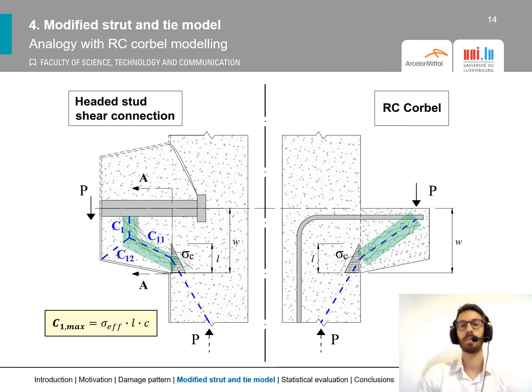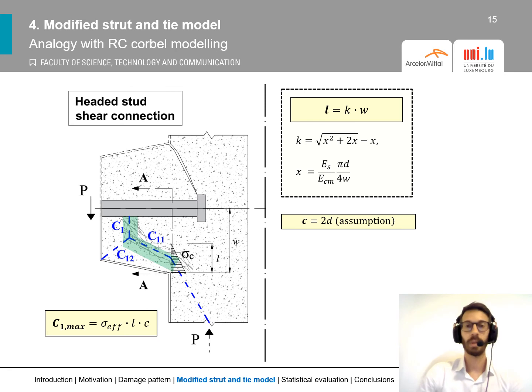This parallelism was used mainly to determine the length L, which is considered to be exactly equal to the height of the compression zone at the rib slab interface. By doing that, we were able to determine the expression of L given here, and we assumed that the geometrical dimension C is exactly equal to 2D, two times the diameter of the stud.